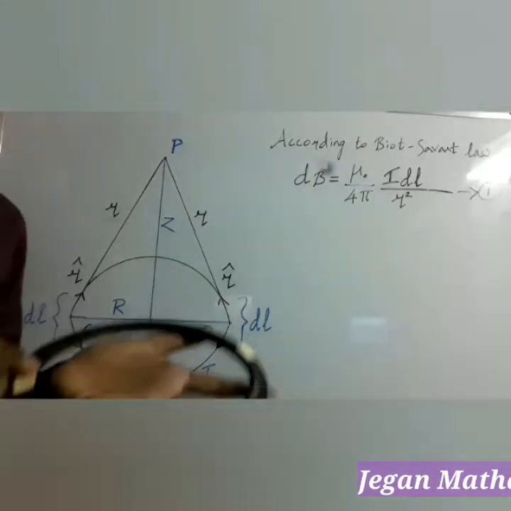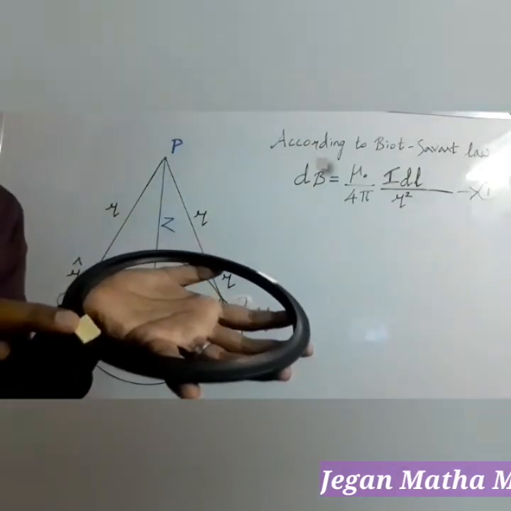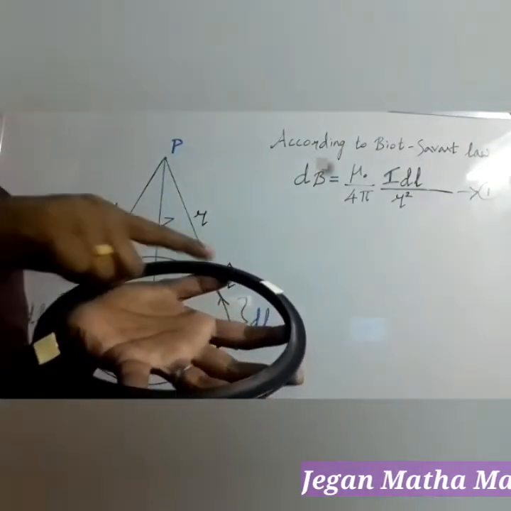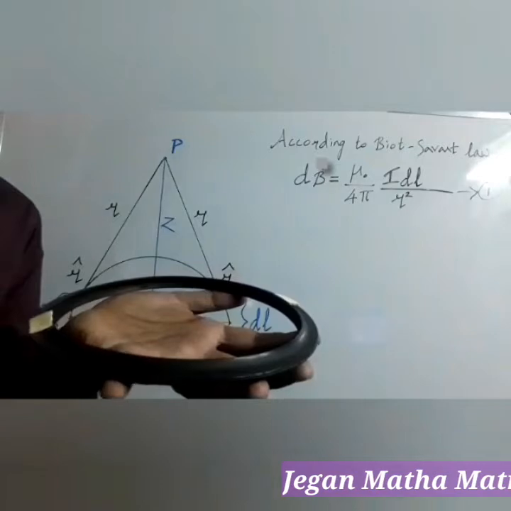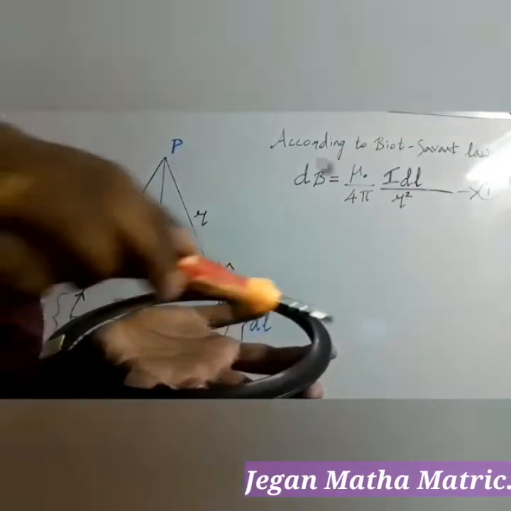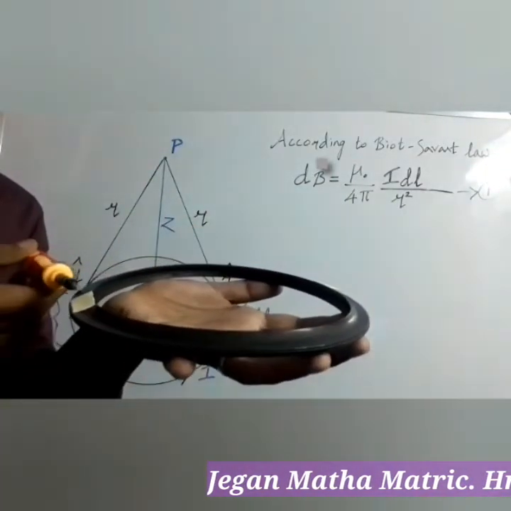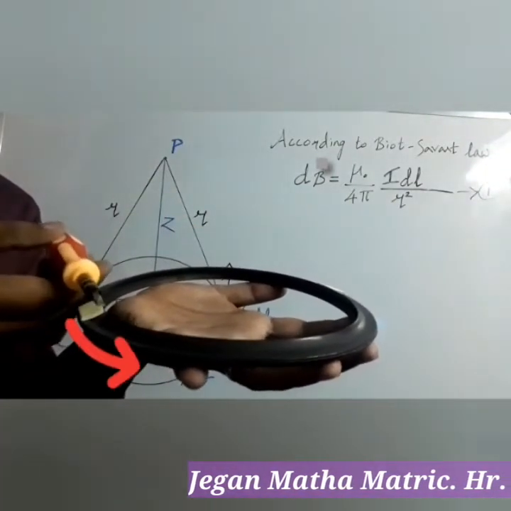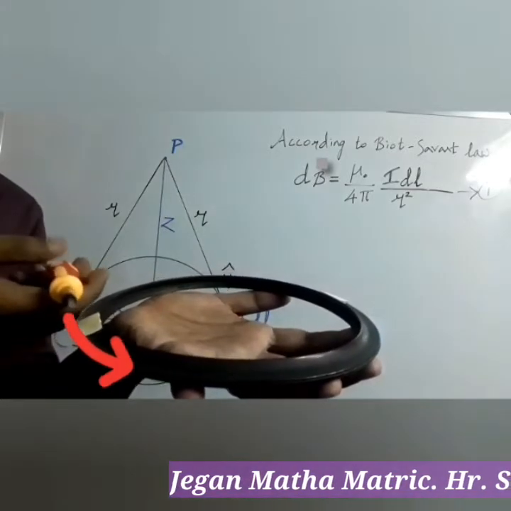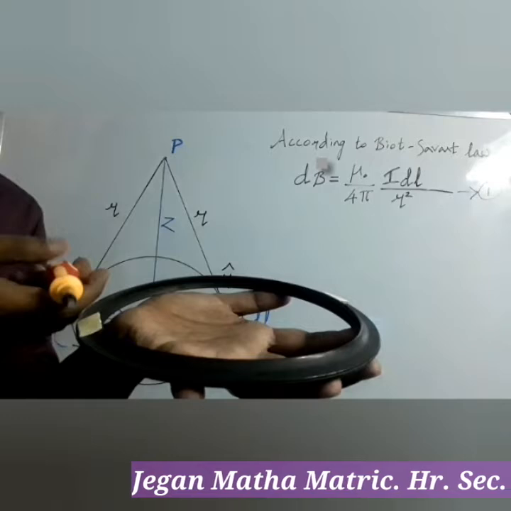To understand the concept clearly, I have taken the model of the circular coil. Here is a current element at C. Here is a current element at D. Imagine steady current I is flowing through the circular coil in an anti-clockwise direction. At point C, the current flows in this direction. To find the direction of the magnetic field at C, we have to use Maxwell's right-hand corkscrew rule.